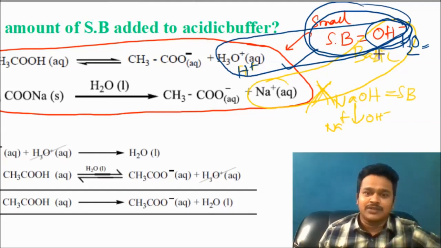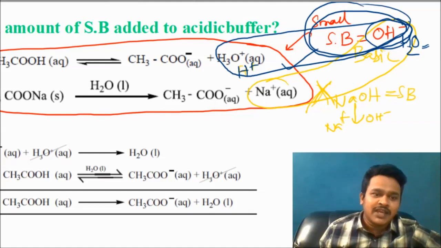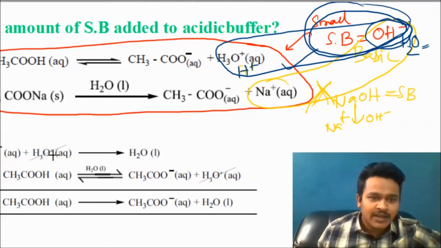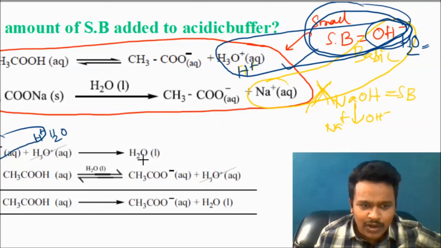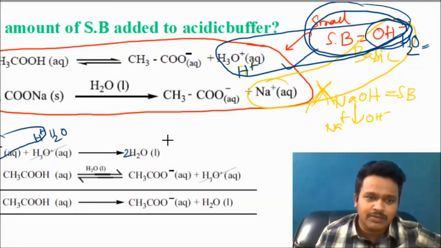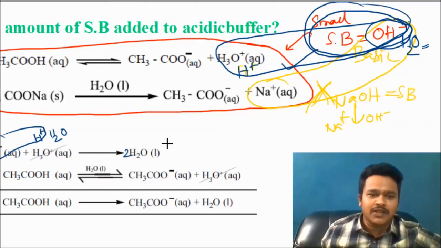This is the concept. Now I am going for the equation. See, this OH minus I am adding is going to react with the H3O plus. H3O plus means H plus and water. These two combined give water. Two water molecules come, but I am simply writing water.